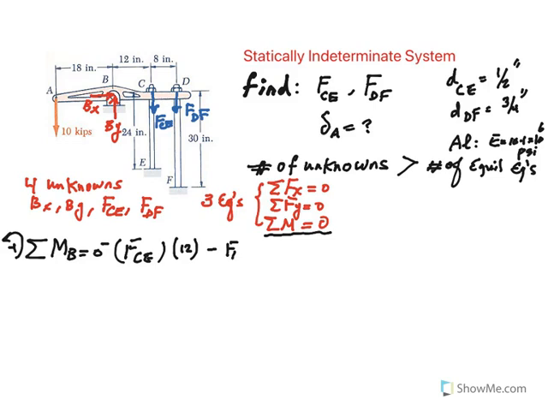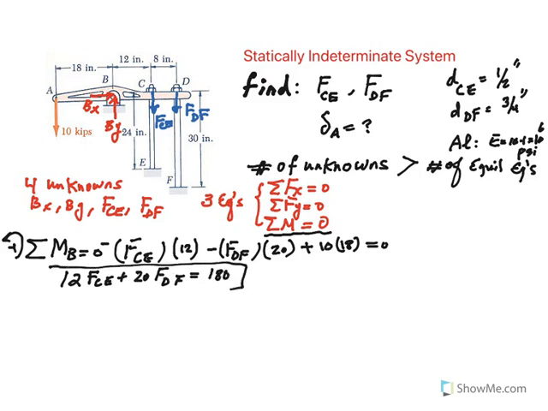Then the moment of member DF is also going to be negative, 20 times FDF. And on the other side we have the moment of the 10 kip applied load, that's going in the positive direction: 10 times 18 equals 0. So if we clean up this equation, we get 12 FCE plus 20 FDF equals 180. So here's one equation with two unknowns.